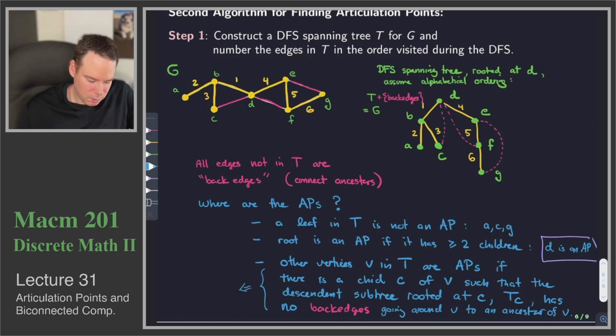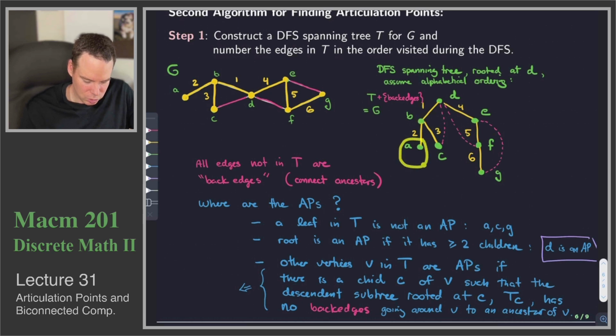So with that, what do we get? Which ones are articulation points and which ones are not of these three that are remaining? So the ones that are articulation points are the ones where there is a child of it for which the subtree rooted at that child has no back edges, leaving it wrapping around B and connecting to a higher ancestor. So there's one.